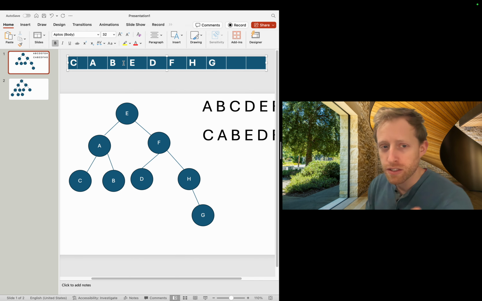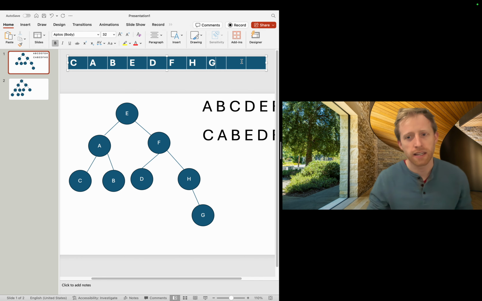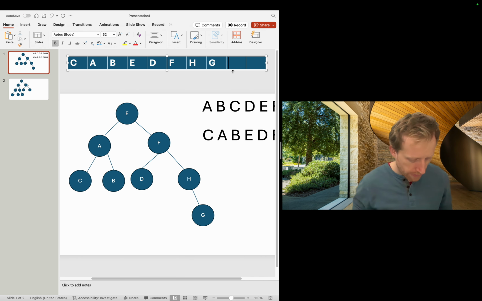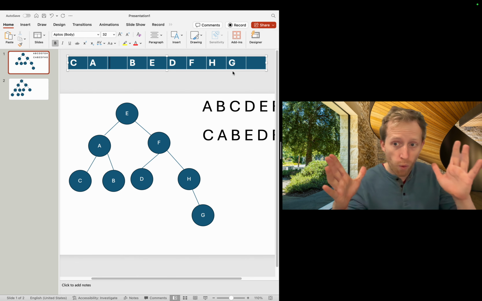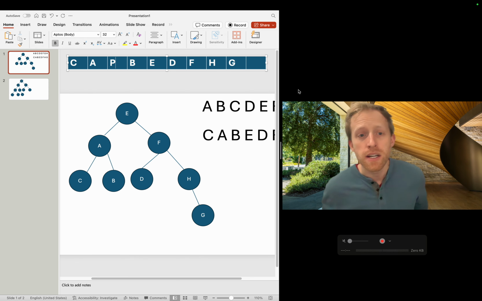So if I want to insert something to be the third element, actually the second element in computer science talk, in front of this B, then in my contiguous array I literally have to move the G over, then the H over, then the F over, then the D over, then the E over, then the B over, and now I've got a hole there that I can insert information into, and I can put in a P if I want. Okay, so that's the information.